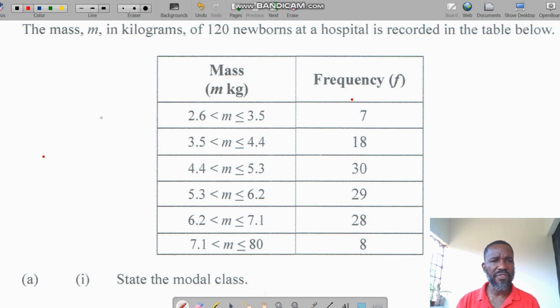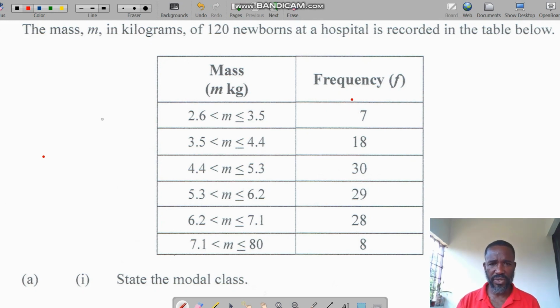Greater than 3.5 to 4.4 is 18. Greater than 4.4 to 5.3 kilograms is 30. Greater than 5.3 to 6.2 is 29. And greater than 6.2 to 7.1 is 28. And greater than 7.1 to 8 is 80.